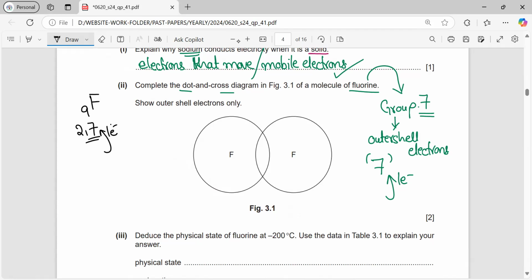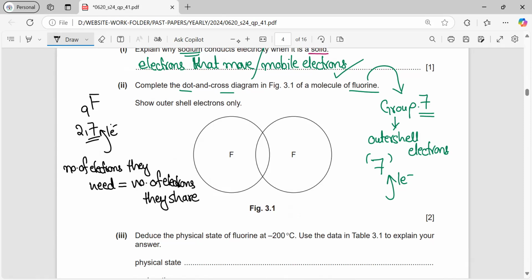In covalent bond, the number of electrons they need is equal to the number of electrons they will share. So it's simply need is equal to share.